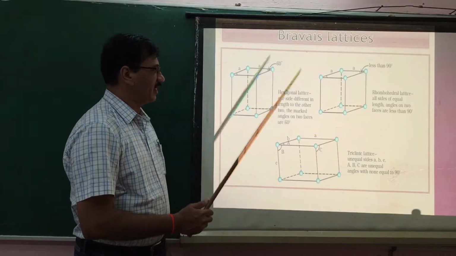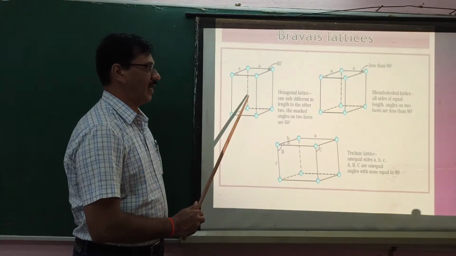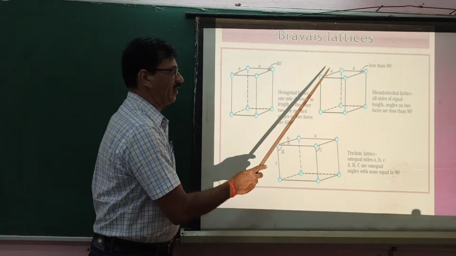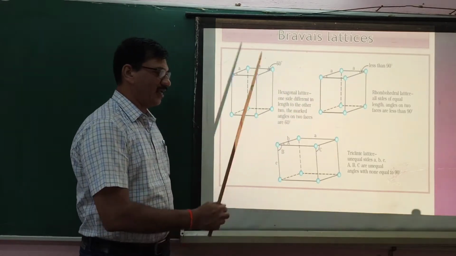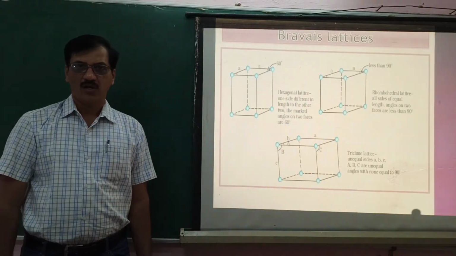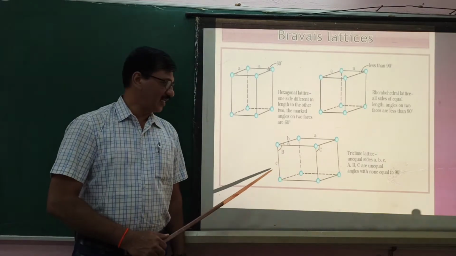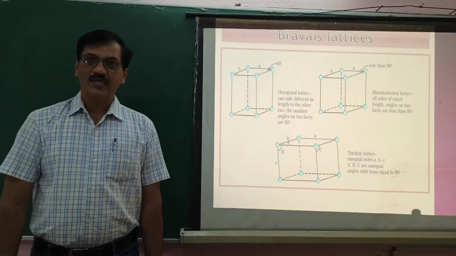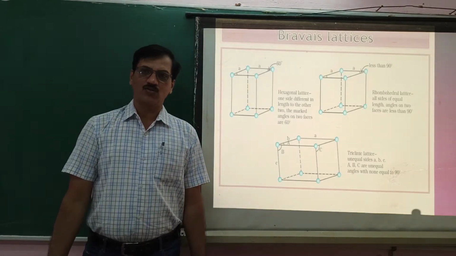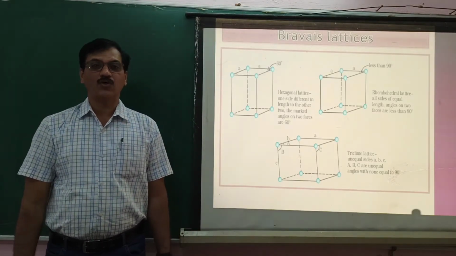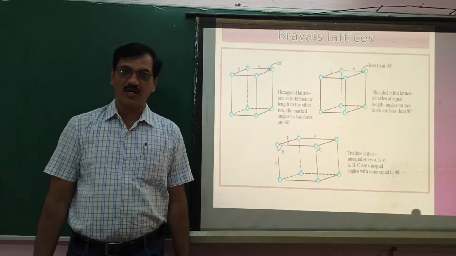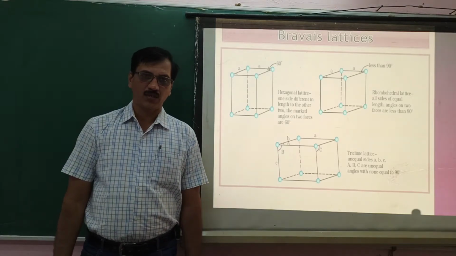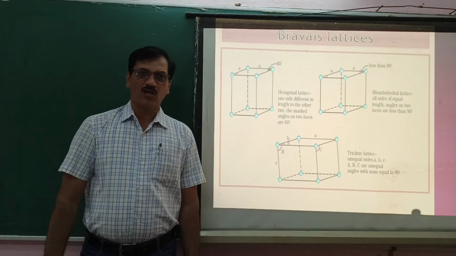And of these three, hexagonal can be only primitive, rhombohedral only primitive, and triclinic can be only primitive. Out of all these arrangements, triclinic is considered to be the most unsymmetric. Here, a is not equal to b is not equal to c, and alpha is not equal to beta is not equal to gamma, which is not equal to 90 degrees.